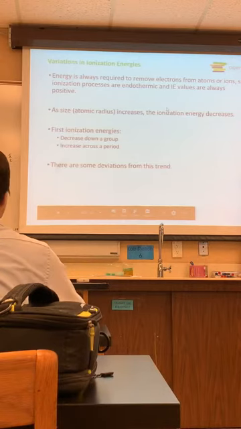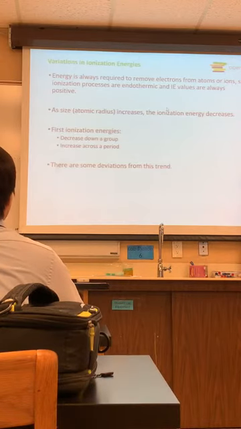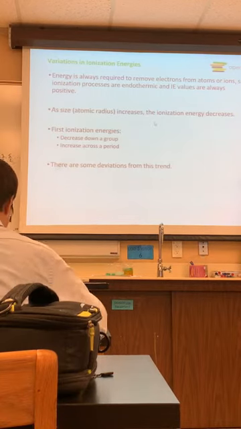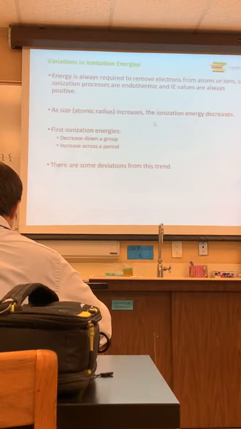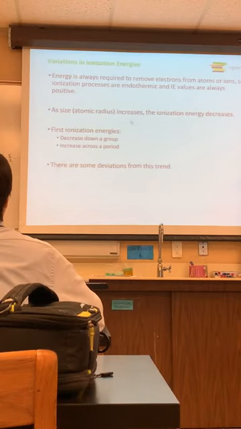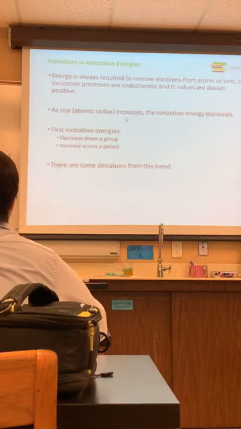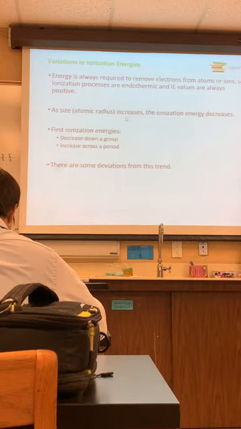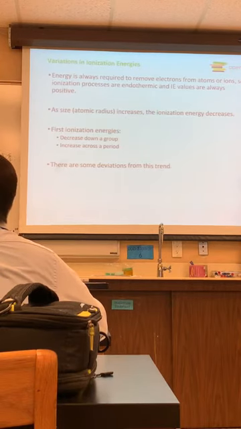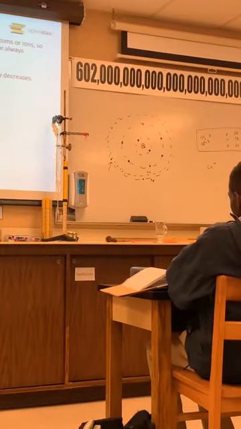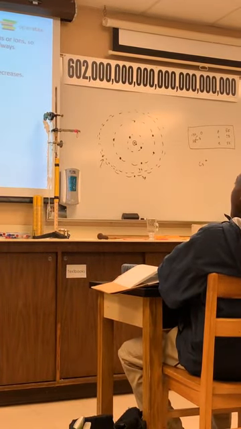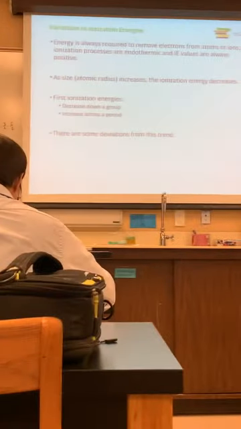All right, so it always takes energy to remove those guys, so these are always endothermic processes, and there are two rules of how much energy is required. First of all, when you're talking about electrons that are farther away from the nucleus, it's easier to remove them, so the ionization energy is lower when your radius is bigger.